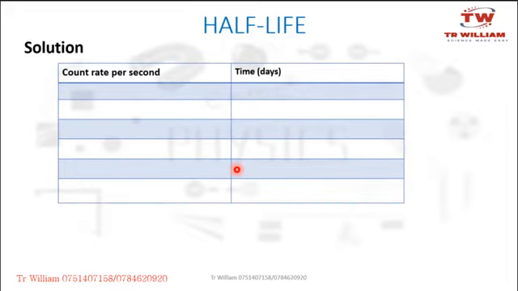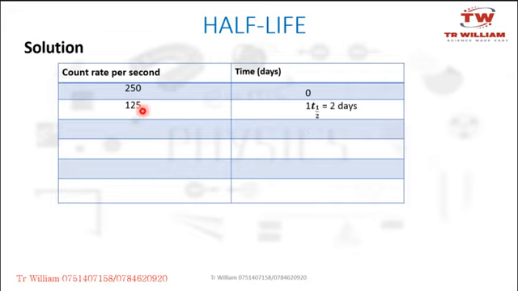Let's see now. This is our count rate. We want to see our count rate per second, then the time. We know the count rate originally was 250 when the time was 0. Then the count rate became 125. It decayed to half. That takes how many days? Good, it takes one half-life. So those are 2 days.